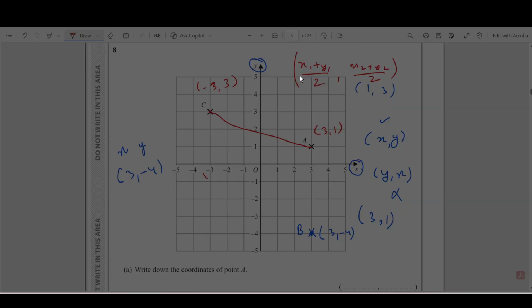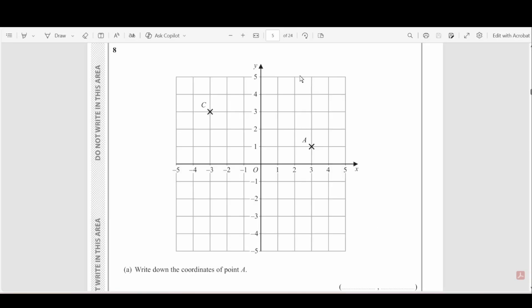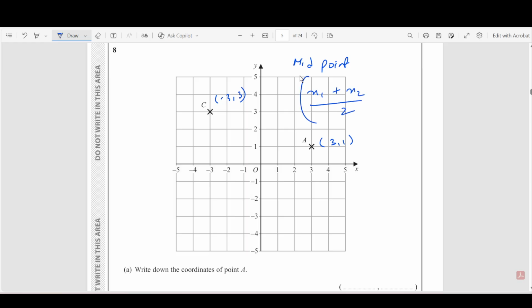So we were on this. A is 3 comma 1 and C is actually negative 3 comma 3. So according to the midpoint formula, I think I said something wrong. This is x1 plus x2 divided by 2. I said x1 plus y1. Yeah, that's wrong. By mistake, I said that. So make sure you check it. y1 plus y2 over 2.